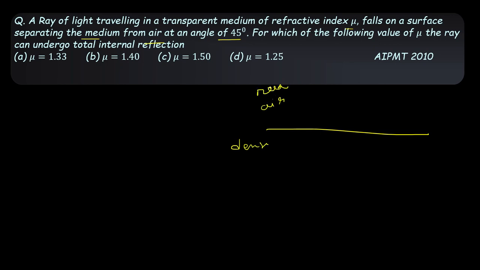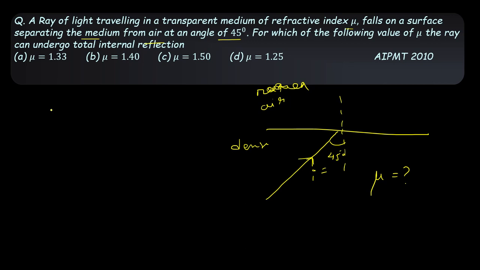According to the question, the ray of light travels through the denser medium and strikes the interface, and the angle of incident is given as 45 degrees. The question is, for what value of mu will it suffer total internal reflection? To suffer total internal reflection, this angle has to be more than the critical angle.